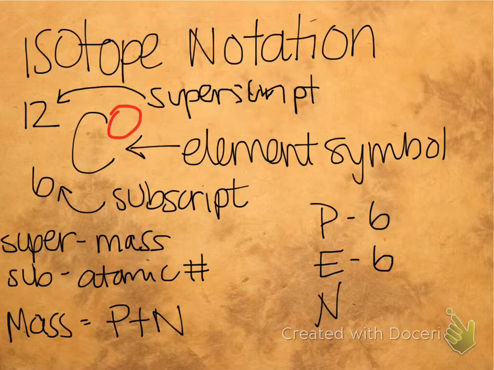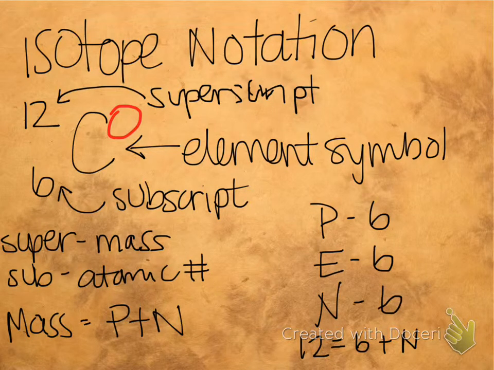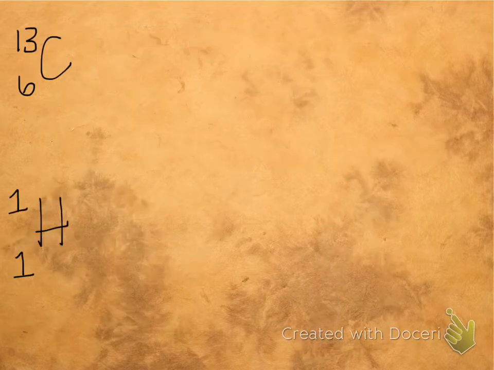Our mass is 12. So we have 12 equals protons, which we know is 6, added to the N. Doing some algebra, you get that your neutrons equals 6. So this isotope of carbon has 6 protons, 6 electrons, and 6 neutrons.